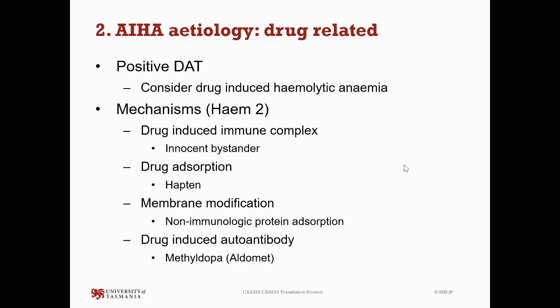So if you get a positive direct antiglobulin test, it's always a good idea to consider that it could be a drug-induced autoimmune hemolytic anemia. So how do you think you would determine whether or not it would be a drug-induced autoimmune hemolytic anemia? How are you going to find that information?